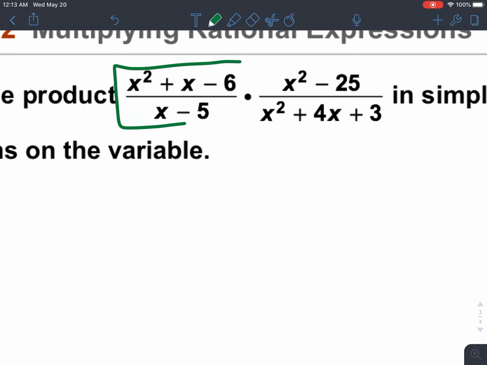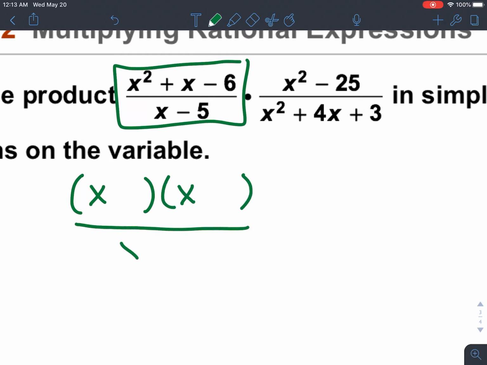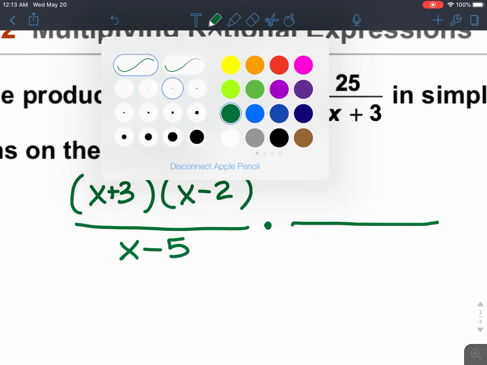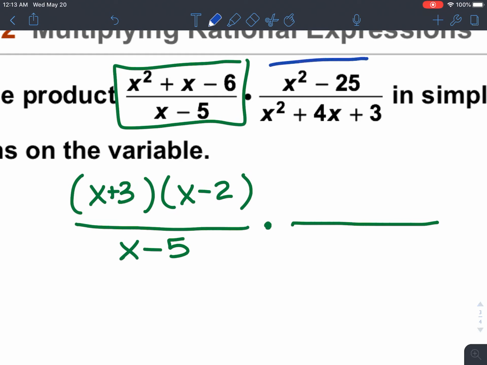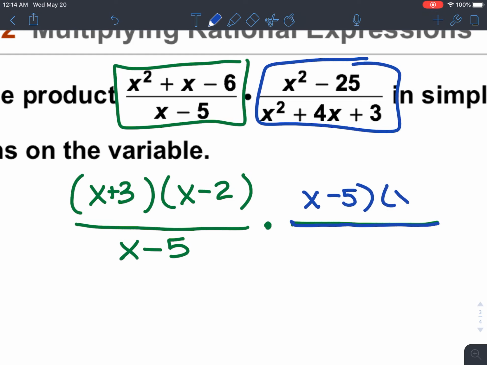So let's take this first one and we'll factor the top because the bottom is only one factor. So to factor the top, I'll get x plus 3 and x minus 2. And then I'll come over here to the second one, and now I'll factor this one. So the top is x minus 5, x plus 5.